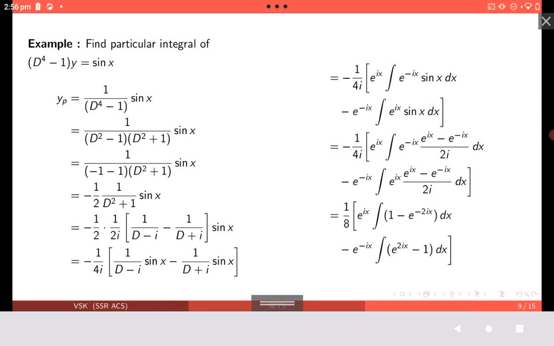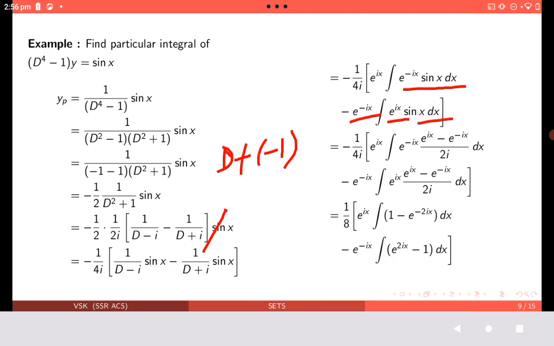So e^(ix) integral of e^(-ix) sin x. Here it is D + i, so it can be first written as D - (-i). So here, first we write minus e^(-ix), then minus of minus, so e^(ix) integral of e^(ix) sin x dx.